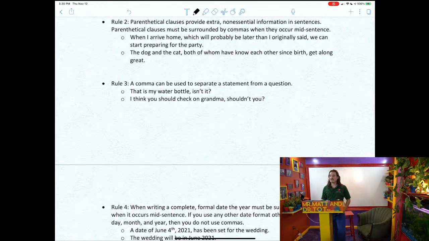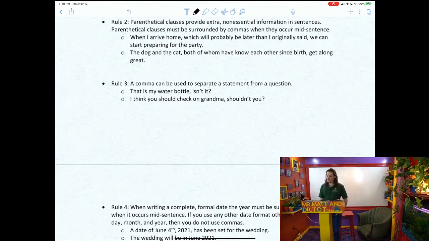So the dash can be a way of providing emphasis to a reader, especially if you've already used a certain type of punctuation mark several times before. So it's a way of highlighting something or making a dramatic declarative statement pop. But we'll get more into that when we get to the actual dash lesson.